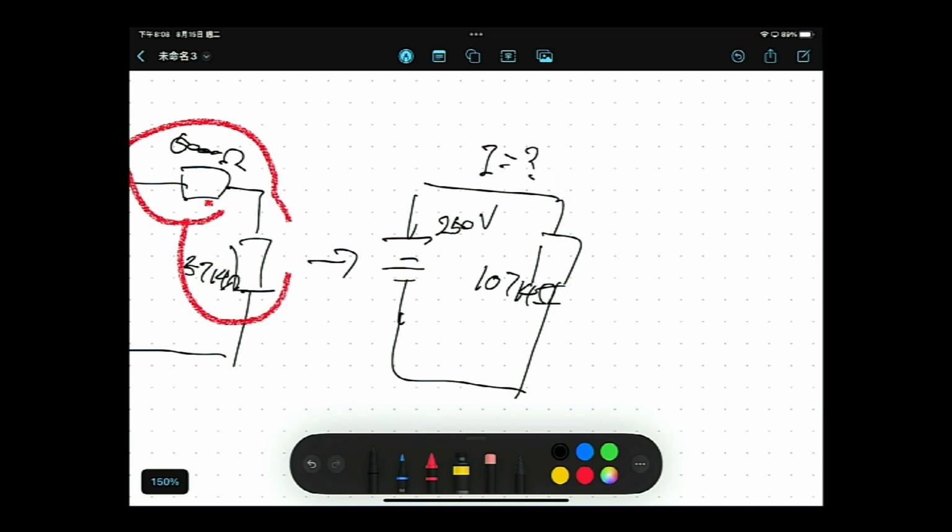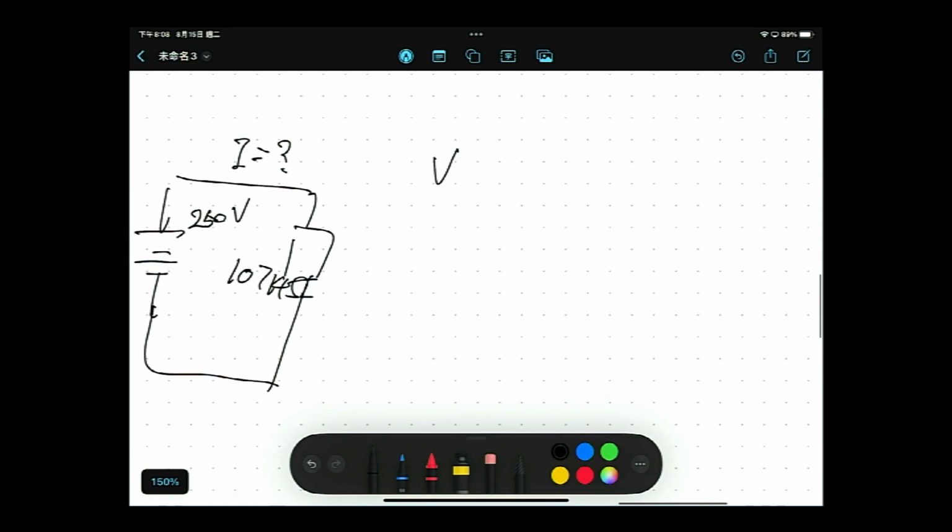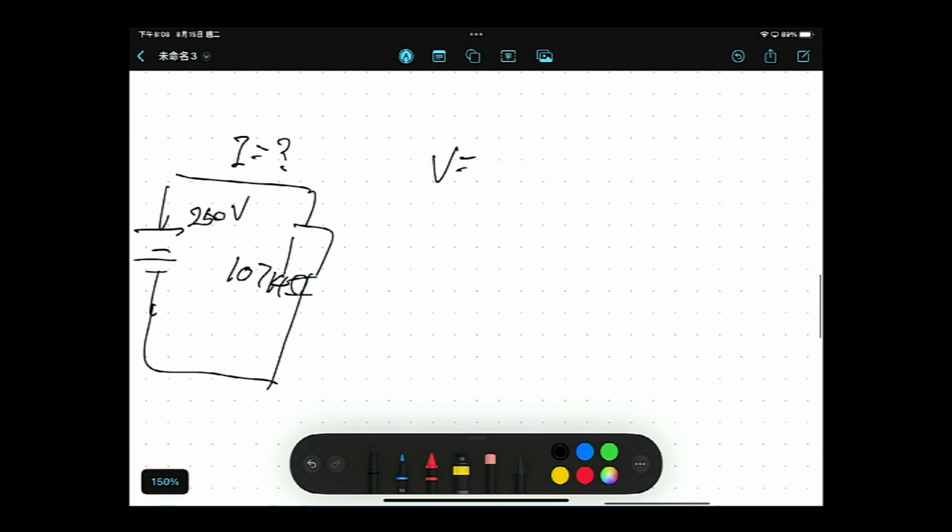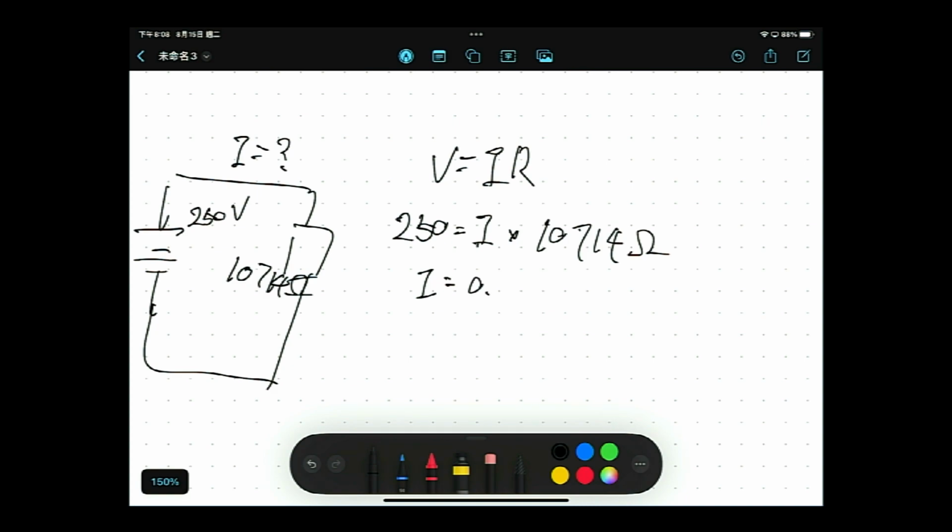By Ohm's law, V equals I times R. V is 250 volts, I times 10714 ohm. So I equals 0.0238.